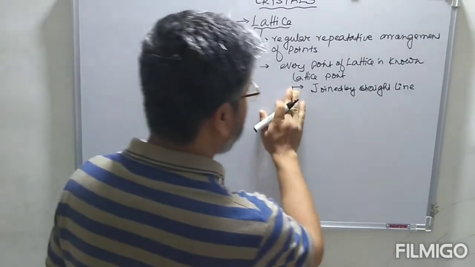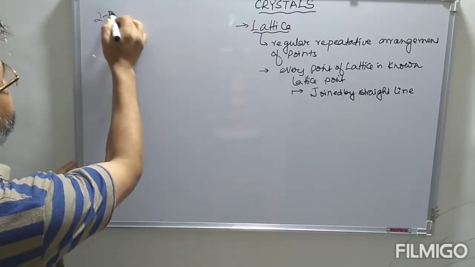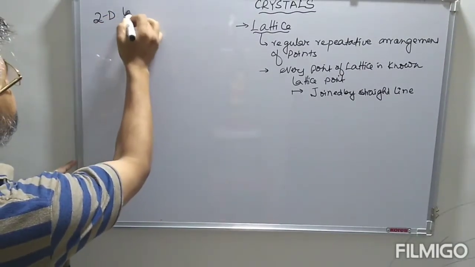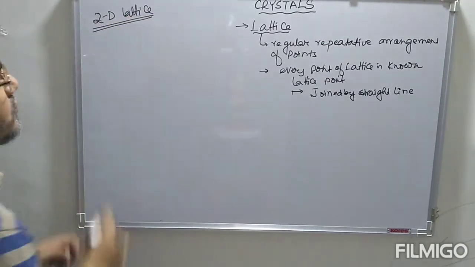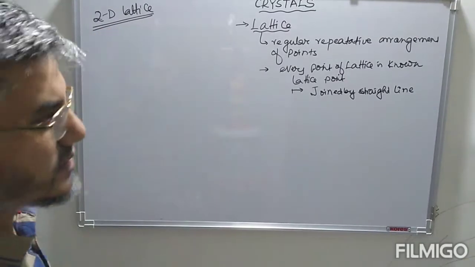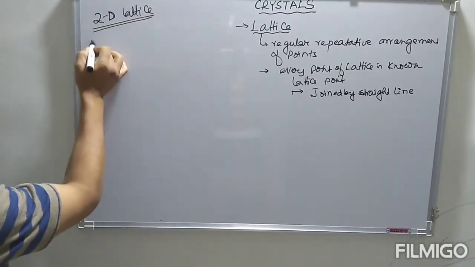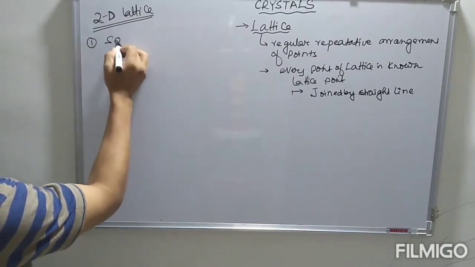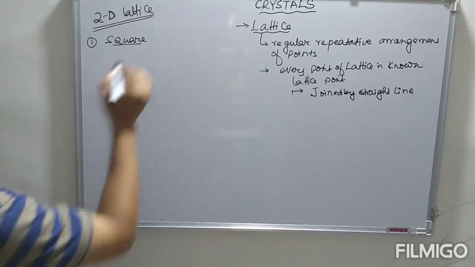So let's go to the two-dimensional lattice. Two-dimensional lattice. Now we have to look at it simply. Square lattice.